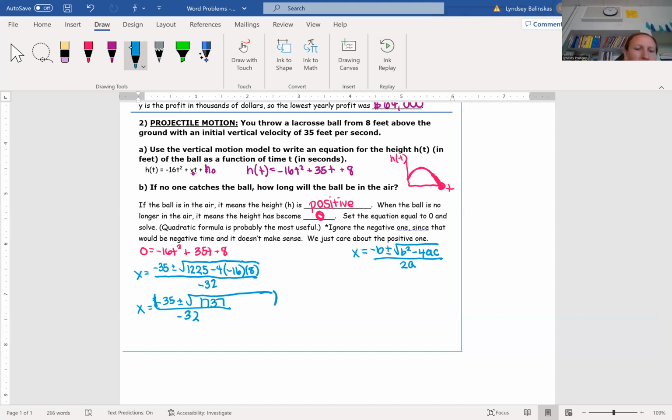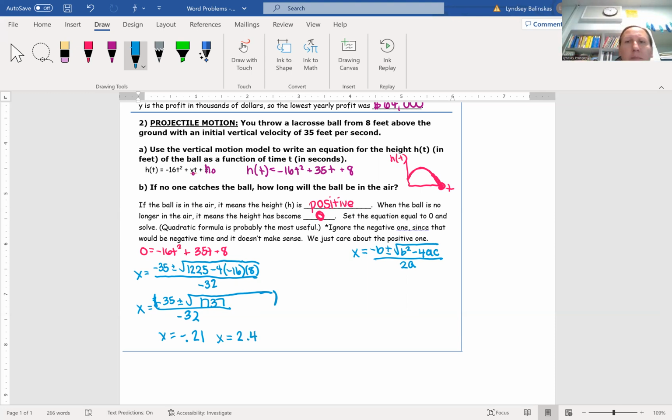Make sure you get out of the root before closing your parentheses. Divide by negative 32. And that actually gives us negative 0.21-ish. I'm going to do the same thing again, but switch that plus to a minus instead, and we get about 2.4-ish.